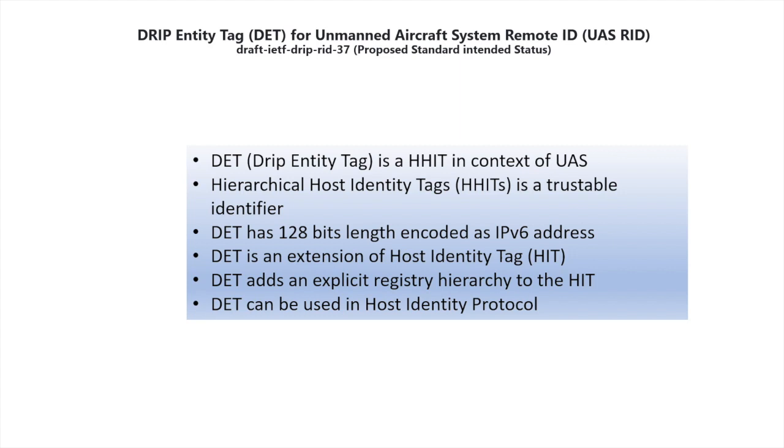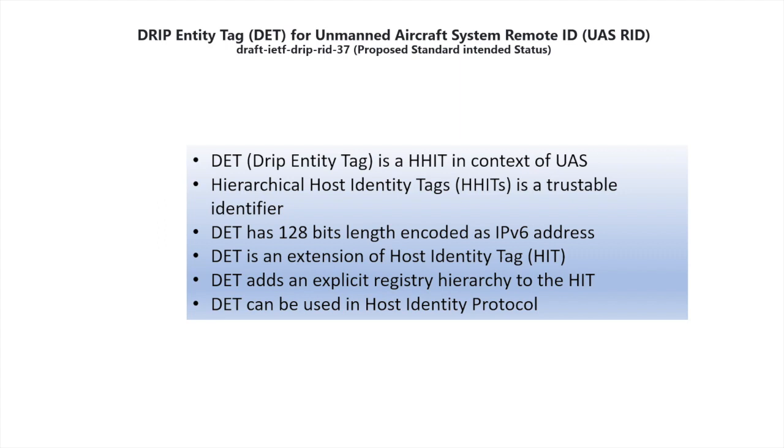This document gives a detailed description of its structure and generation, the ways to use it in communication with DNS, and security and privacy considerations. From the existing Internet protocols point of view, that is an extension of host identity tag, RFC 7401.